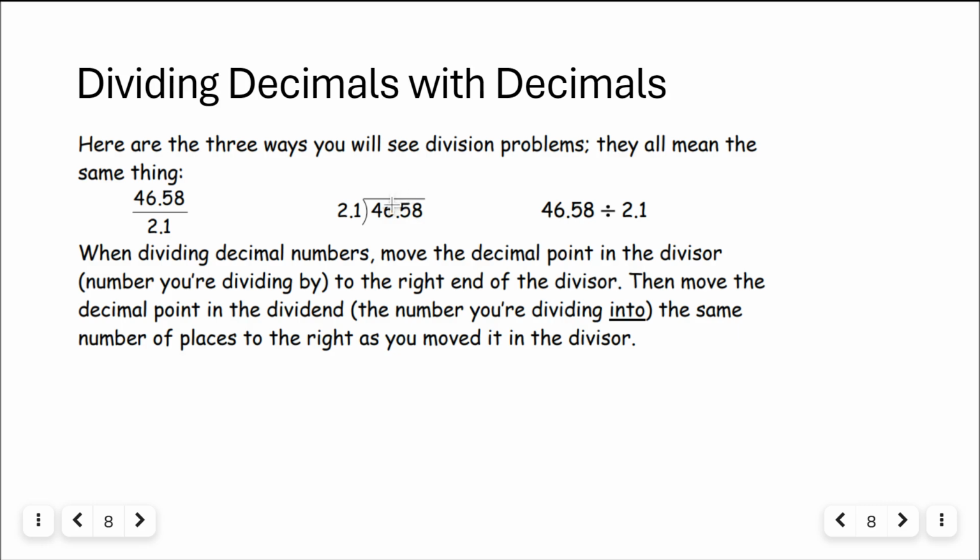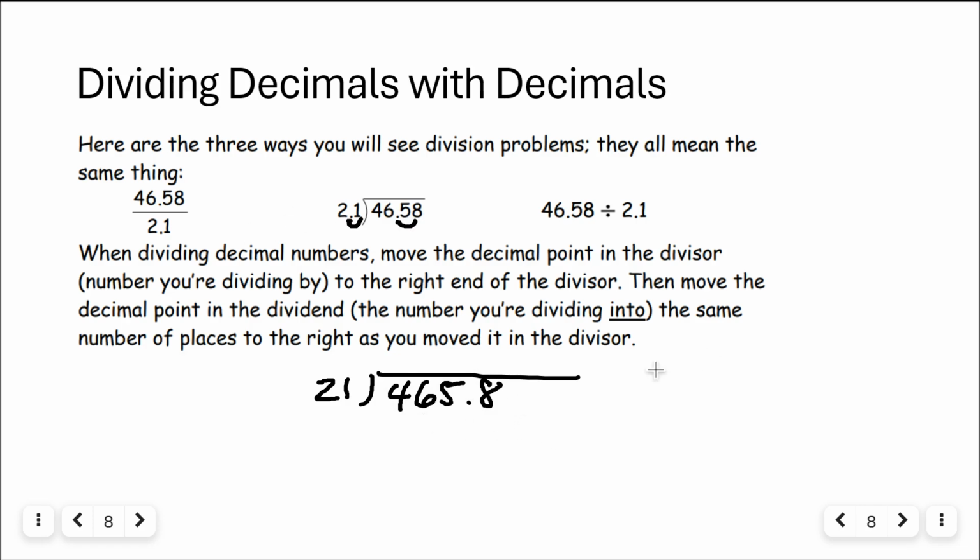We tend not to divide a decimal number into another number. So what we do is we want to remove the decimal from out here in the divisor. So to do that, we would need to move this decimal one place over and make it a 21. And that's okay as long as you move the decimal in the dividend one place over and do 21 into 465.8.